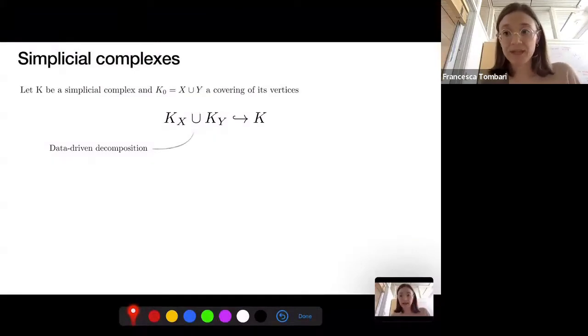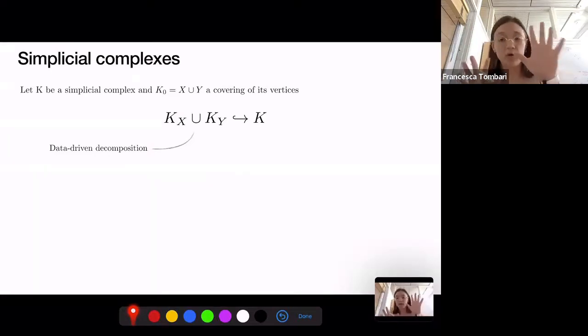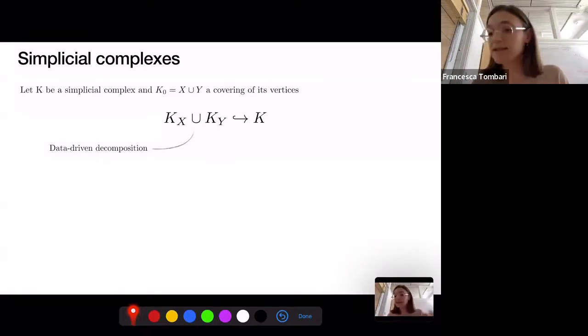a data-driven decomposition of K. The reason is that this is not the usual decomposition that one does for simplicial complexes in algebraic topology, but it arises from applied topology. When we take a simplicial complex arising from a metric space, we might subdivide our initial cloud of points and cover it by two subsets, and then take, for example, a Vietoris-Rips complex or a Čech complex out of it.